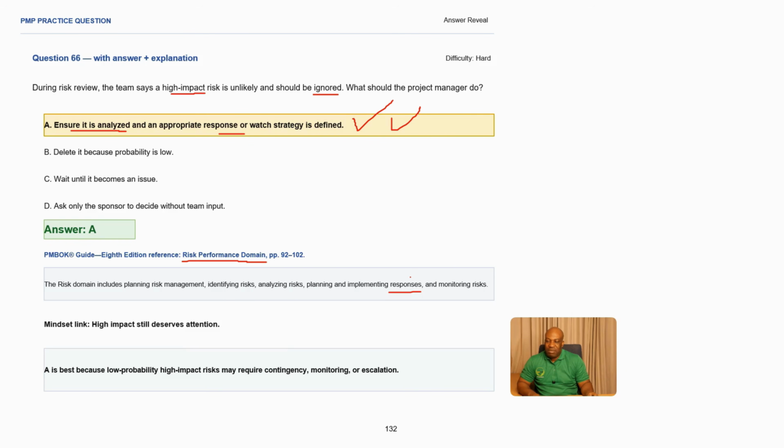The best mindset is that high impact still deserves attention. There is no way this can be ignored. Making A the best answer, because low probability, high impact risks require contingency, monitoring, and also escalation.